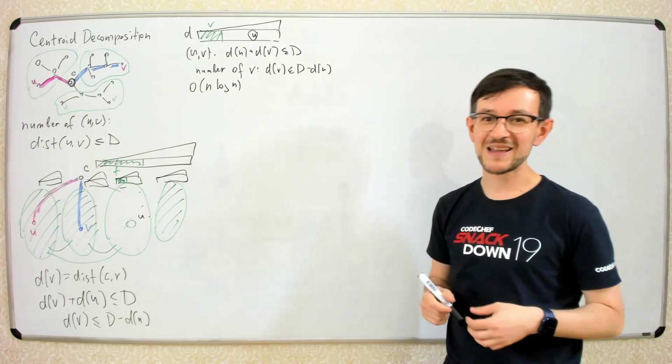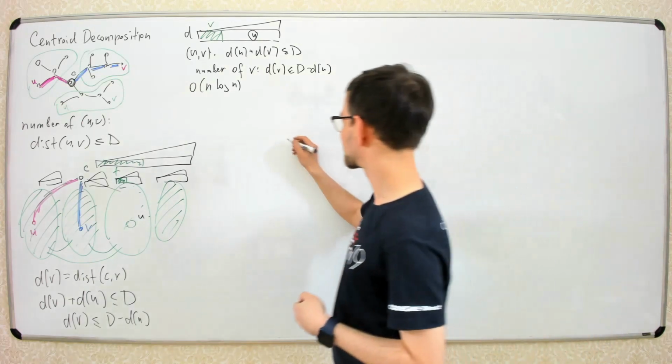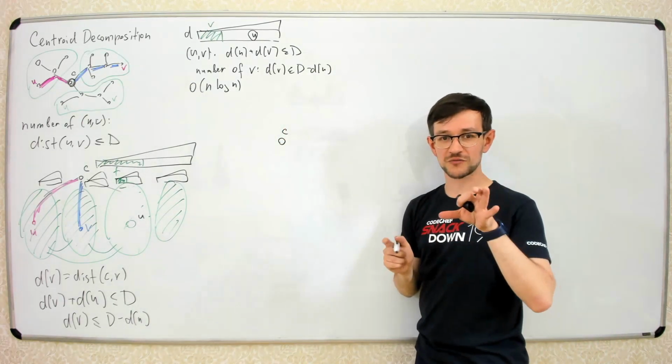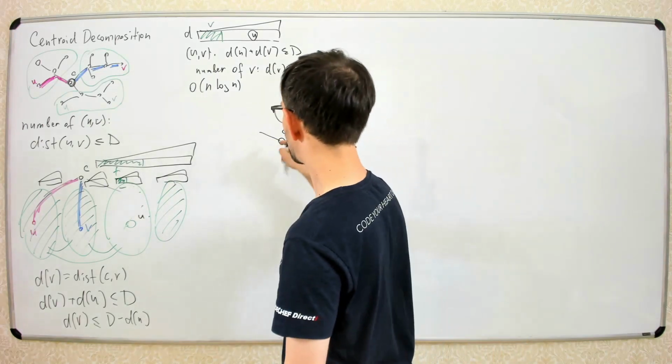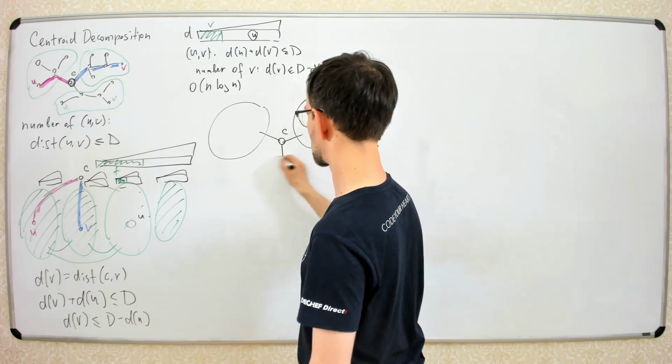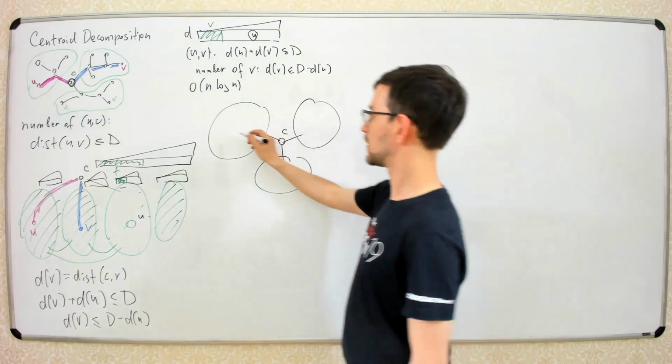Definition: we'll say that vertex C is the centroid of the tree if, when we remove this vertex from the tree, the size of each component is no more than n over 2.